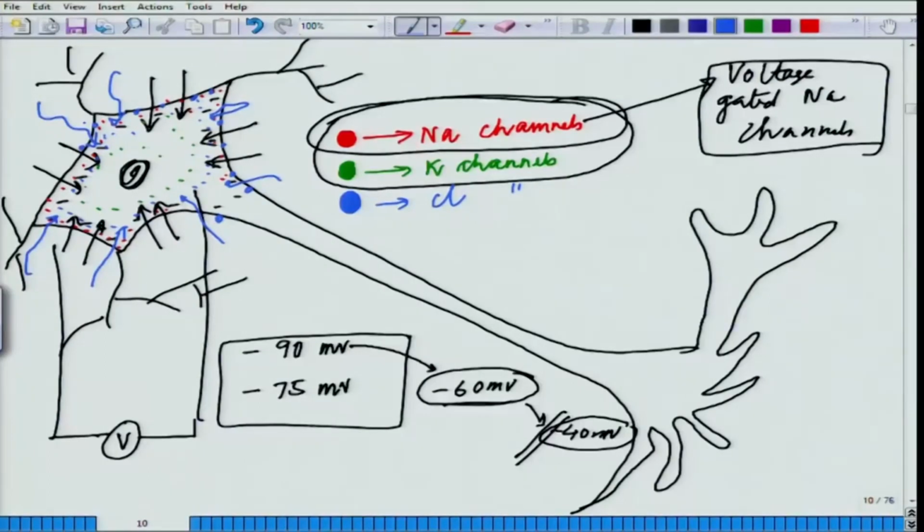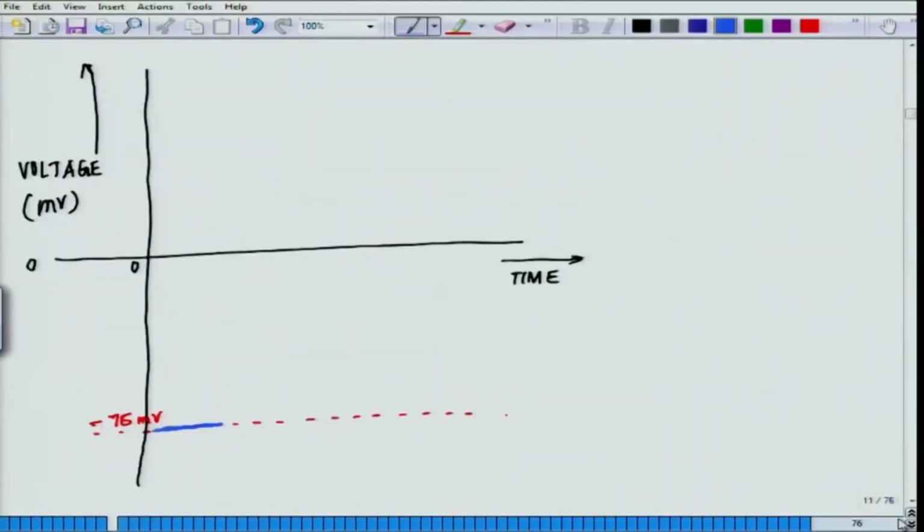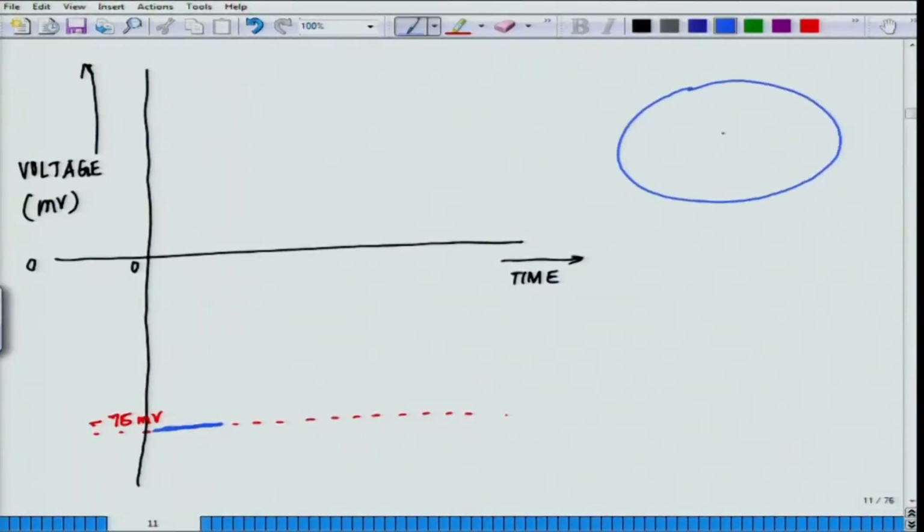These open up some of the ports which allow sodium in. For example, if this is the cell out here, which has low sodium and high potassium, potassium is low outside and very high here.